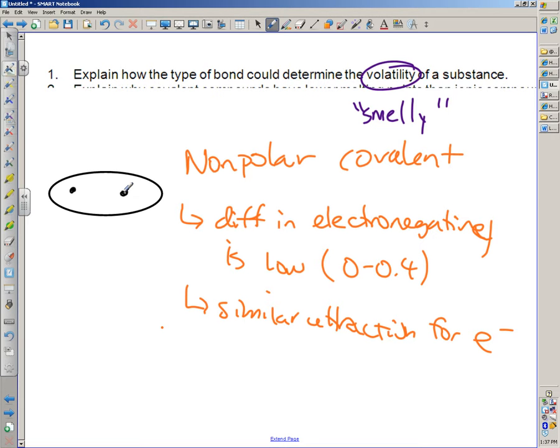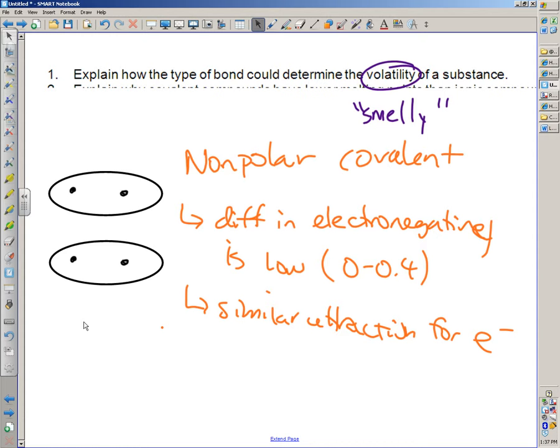Now if that's the case, and another one of these things comes close, is there anything to hold them together? No. So how hard is it to separate the two of them? Really easy, because there's nothing holding them together.